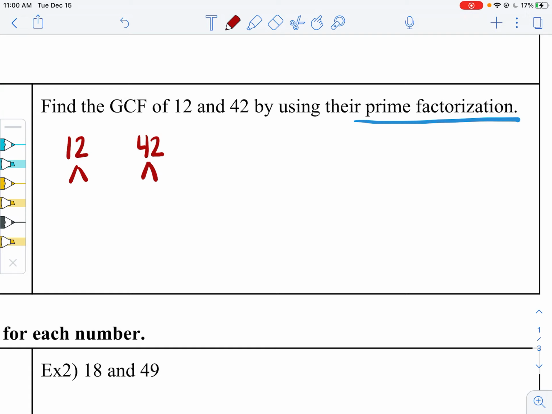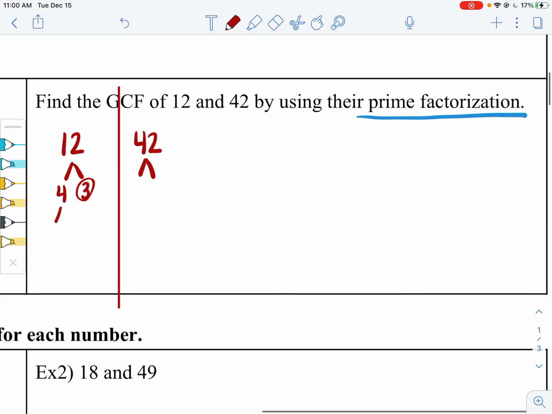So 12 breaks down into 4 times 3, and 3 is prime. I'm going to just draw a line here. And 4 breaks down into 2 and 2, and 2 is prime. So 12 is 2 times 2 times 3.